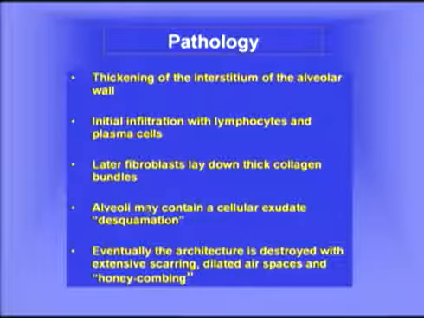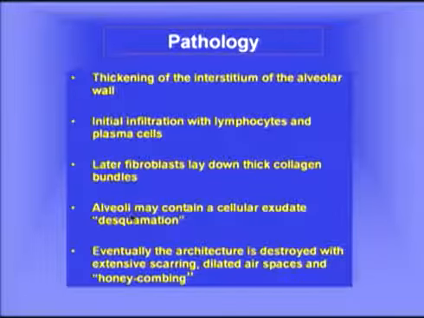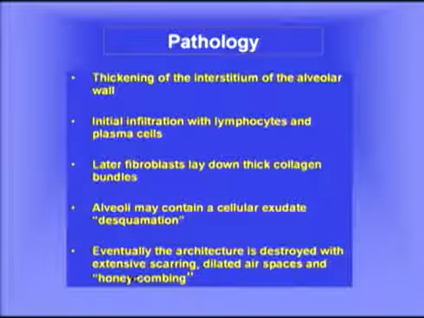In the process, the alveoli may contain a cellular exudate, and that's called desquamation, and that is part of the pathogenetic process. Eventually the architecture of the parenchyma is essentially destroyed with extensive scarring. You've got lots of type 1 collagen, you've got dilated air spaces, and eventually you get what's called honeycombing, as we'll see in a moment.